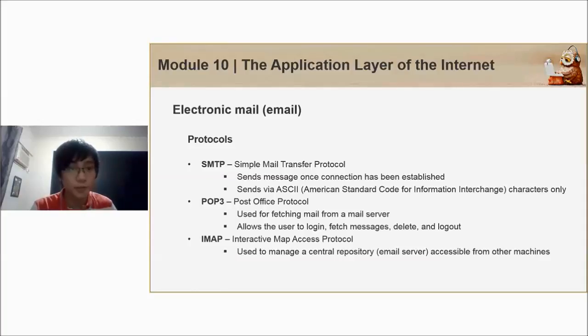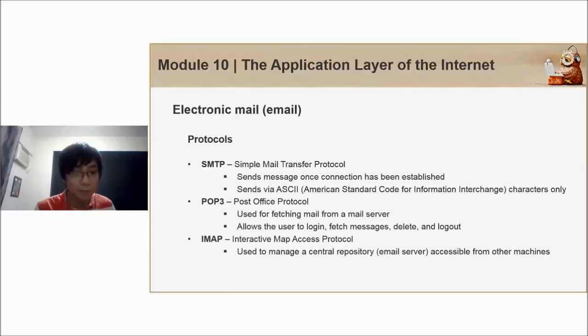For the protocols involved, we have SMTP, POP3, and IMAP. SMTP is the one that manages the sending once the connection is established to the mail server. And then POP3, where 3 indicates the version, is the one that manages the fetching of the mail from the mail server.